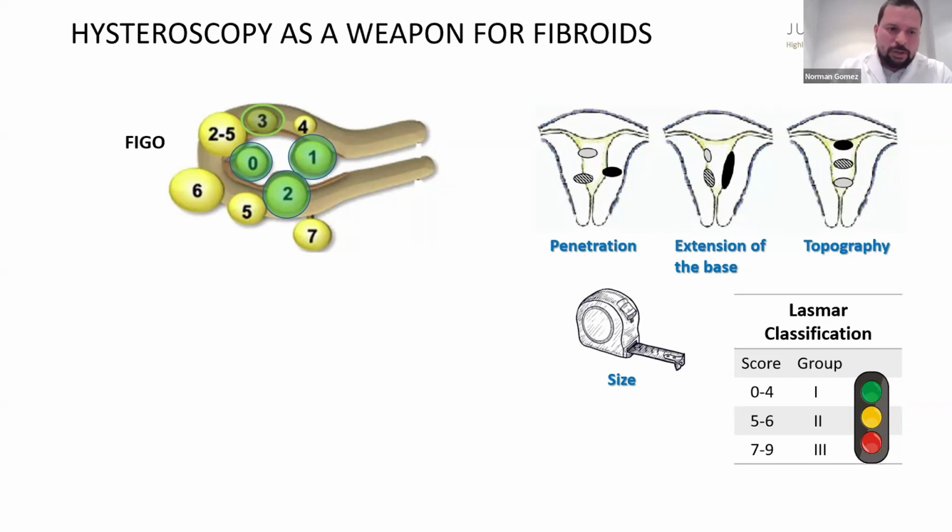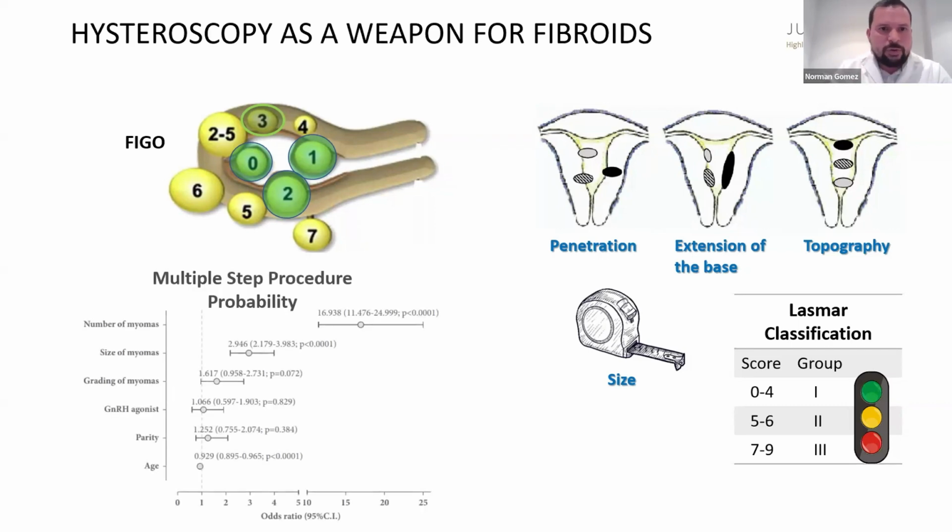The higher the score, the more time to perform the surgery, and time in hysteroscopy means liquid input, and this is a typical consideration that we need to know before approaching these cases. There are other papers that try to correlate other variables with the necessity of a second procedure to complete the job.